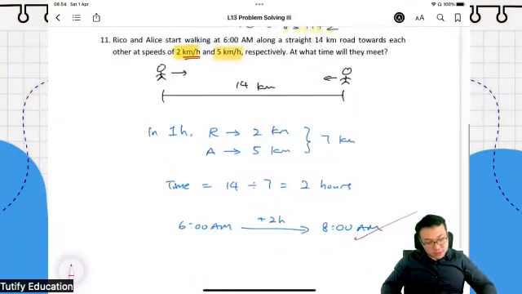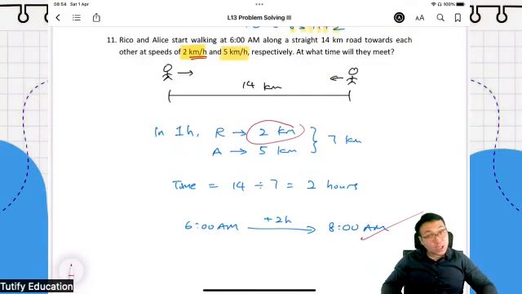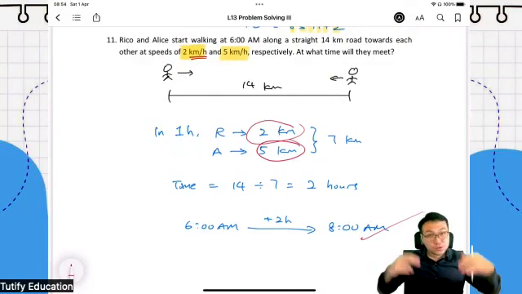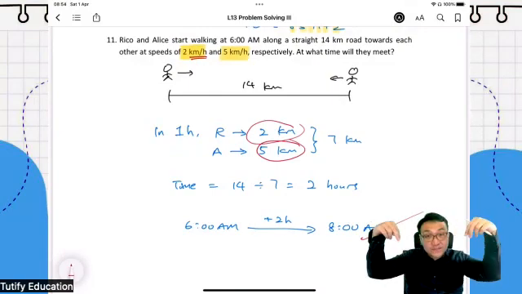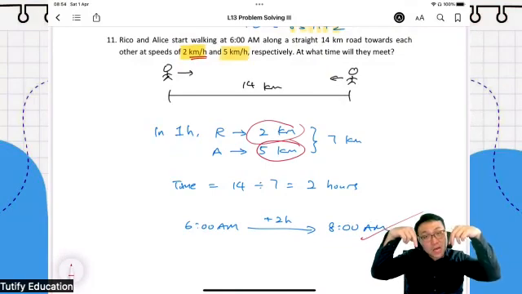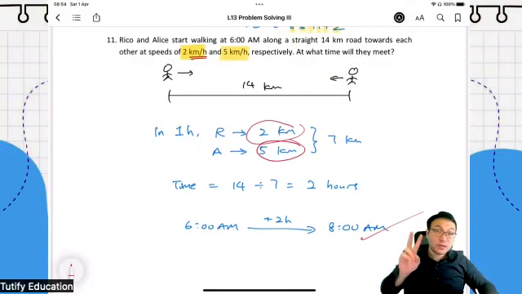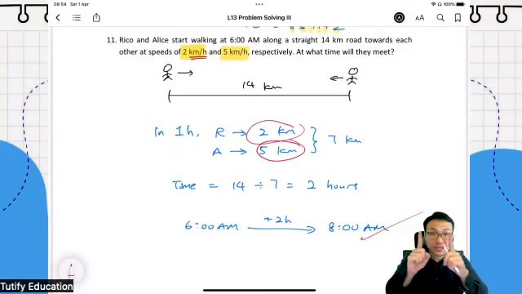That means Rico can walk 2 kilometers in 1 hour. Alice can walk 5 kilometers in 1 hour. So total, they are going to walk 7 kilometers in 1 hour. So in 2 hours, they will be walking 14 kilometers and finally meet. Okay?